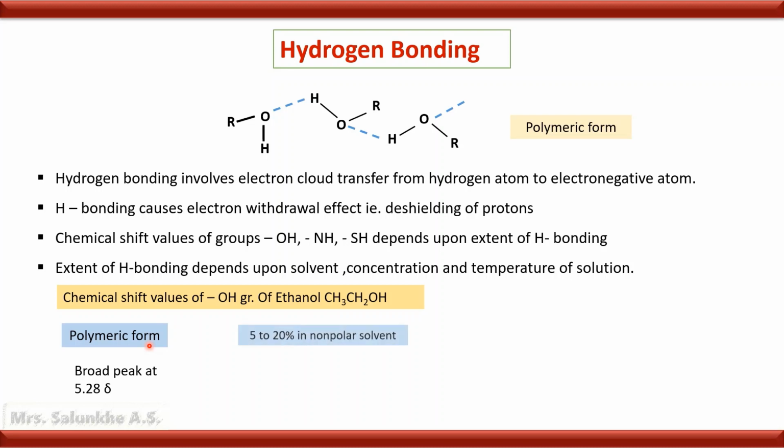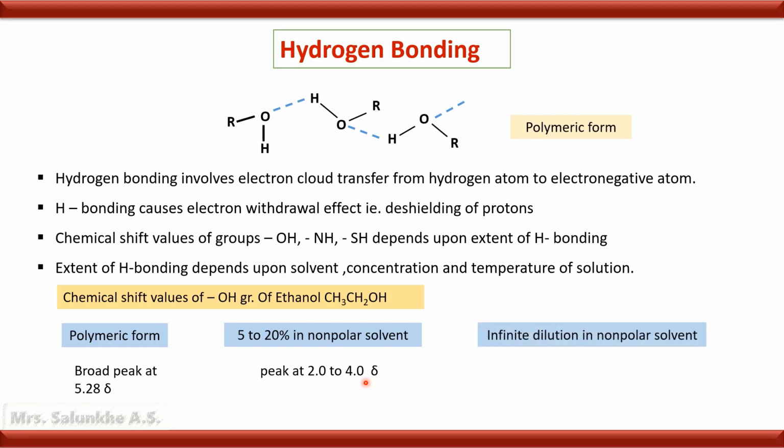Due to hydrogen bonding. When we prepare a solution of ethanol in a non-polar solvent, and if the concentration is 5 to 20%, then the peak is observed at 2.0 to 4.0 delta. And at infinite dilution in a non-polar solvent, its chemical shift value is 0.5 delta.